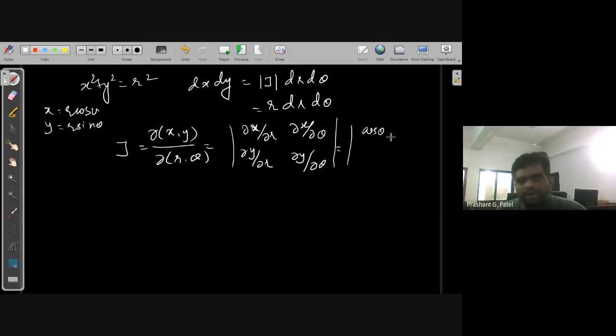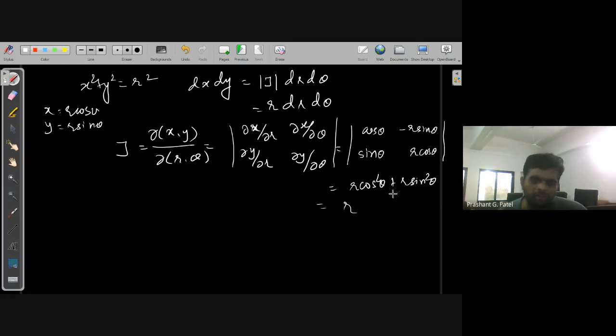Del x by del theta is minus r sin theta. Del y by del r is sin theta, and the derivative of this with respect to theta gives you r cos theta. So that will give me r cos square theta plus r sin square theta. So finally you will have r, because cos square plus sin square is 1. So that is the modulus of J, that is r dr d theta.